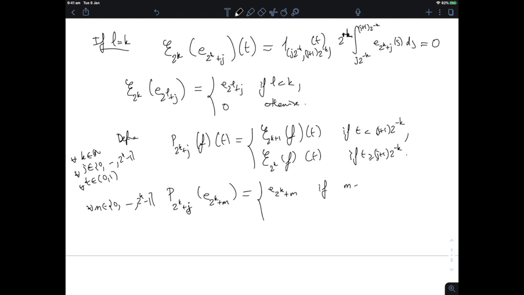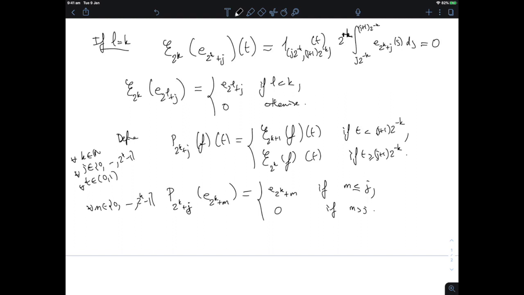That's if m is below j. Now, on the other hand, that's if m is less than or equal to j, but if m is strictly above j, then I'm applying e2k to little e2k plus m, and then because of what we've done in the case L equal k above, I get 0. So this is now projecting such that within the scale k we only keep those elements up to j.